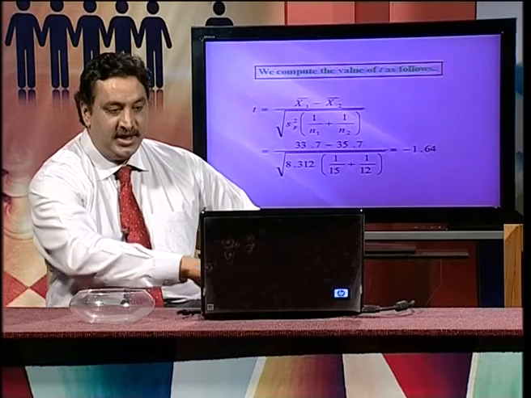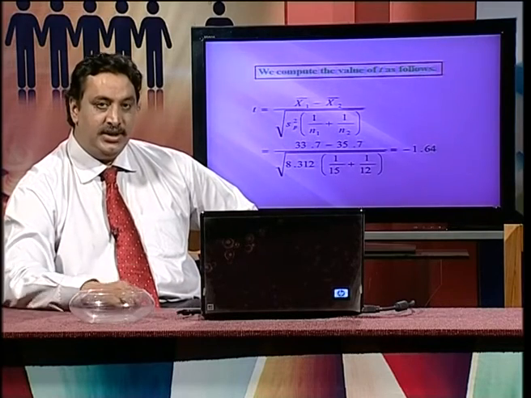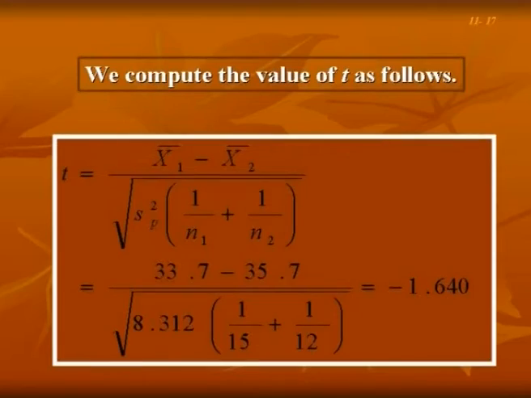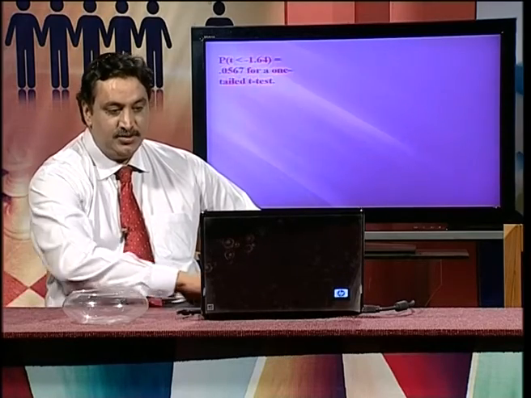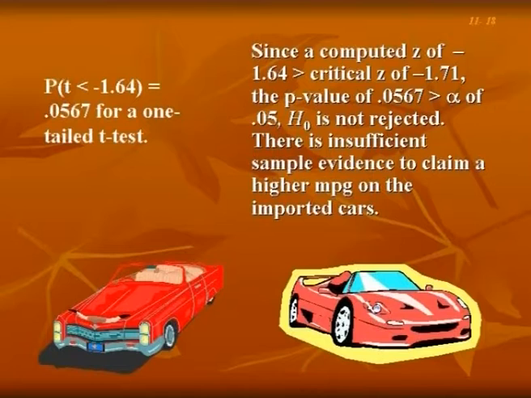The t statistic is x1 bar minus x2 bar divided by the pooled standard error with the number of observations. The value of the t statistic is minus 1.64. If it is greater than the table value, we reject our null hypothesis; if the t value is less than the tabulated value, we accept our null hypothesis. This is the procedure of the t statistic.